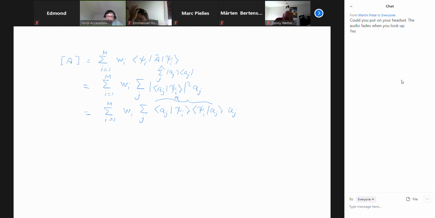Then we realize that we can rewrite this expression in the following way: a_j, put it outside, and bring in the sum over the i.